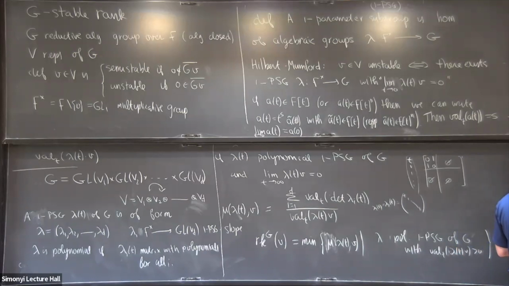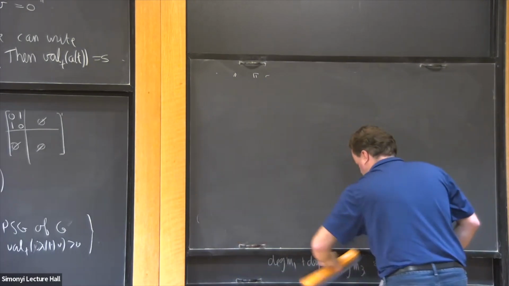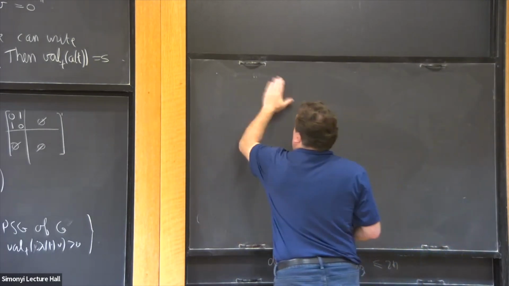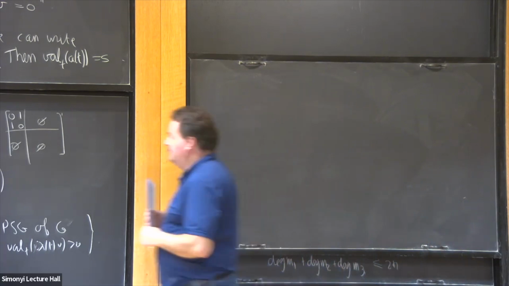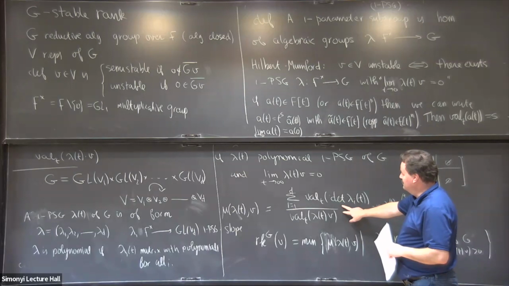In fact, let me do a similar example. And so a priori, this is a quotient of two positive integers.